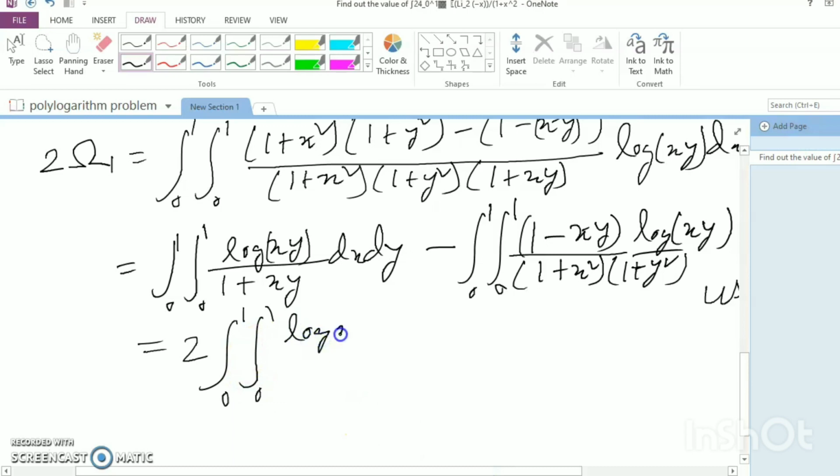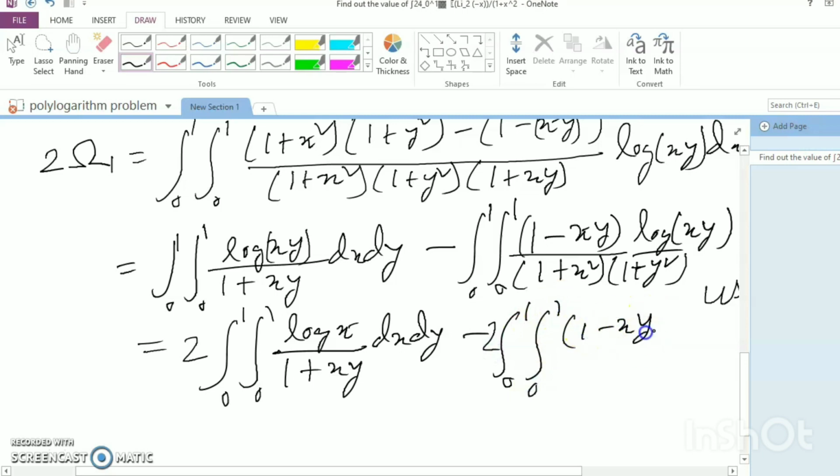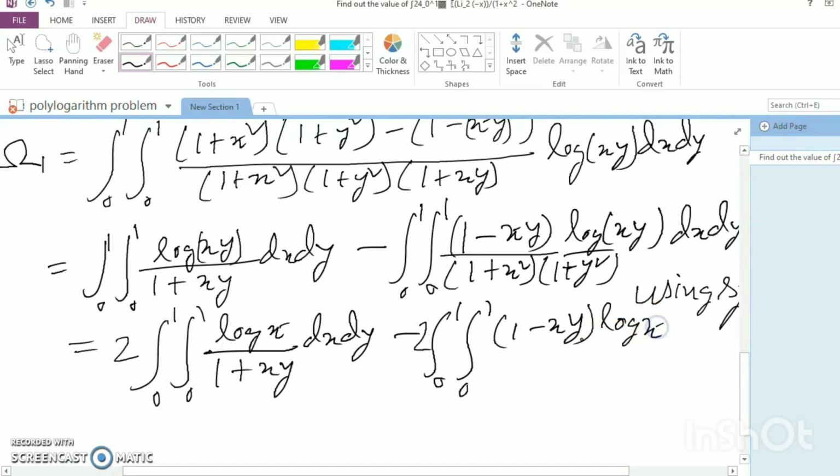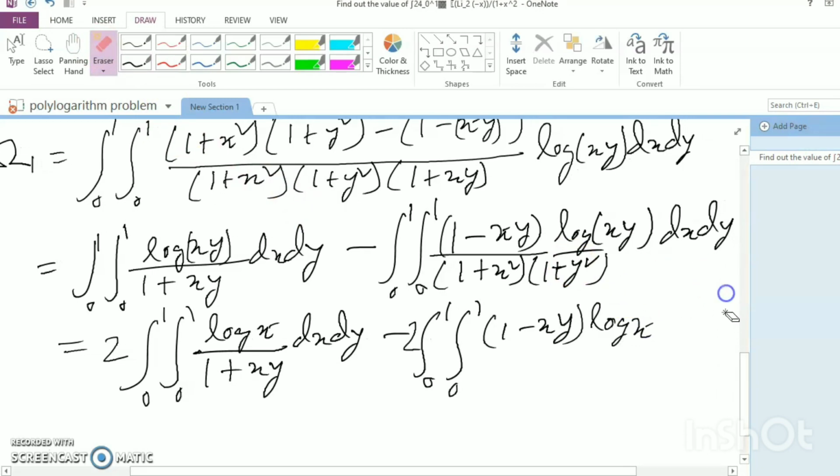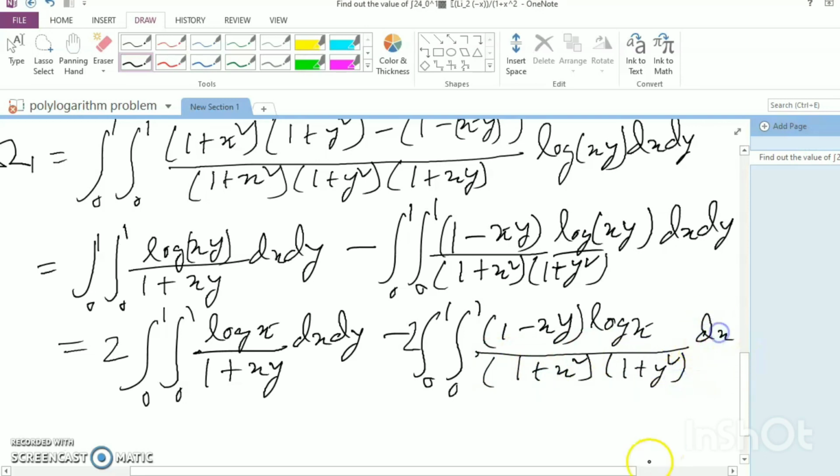So I get log x divided by 1 plus xy, dx into dy, minus 0 to 1 and 2 into 0 to 1, 1 minus xy, log x, log x divided by 1 plus x square into 1 plus y square, dx.